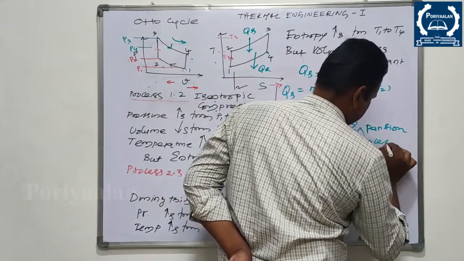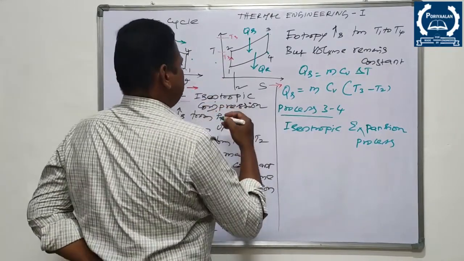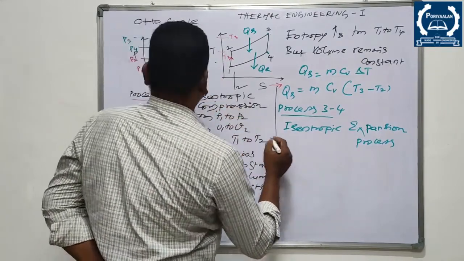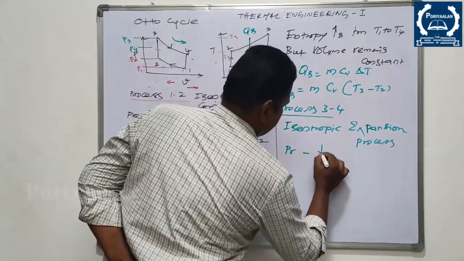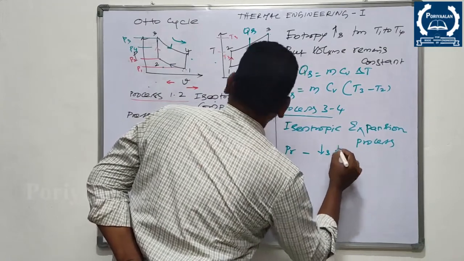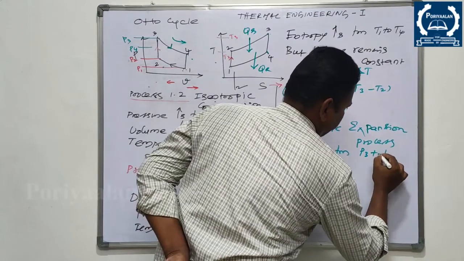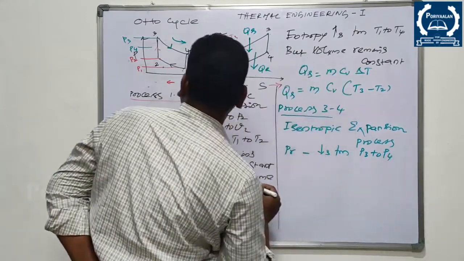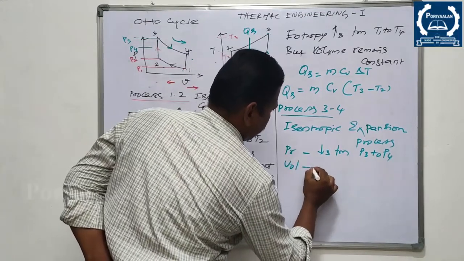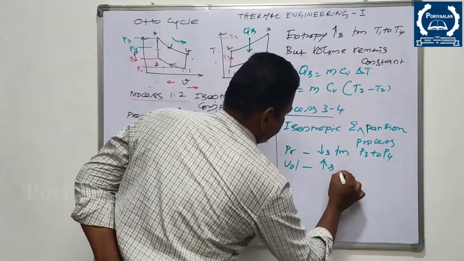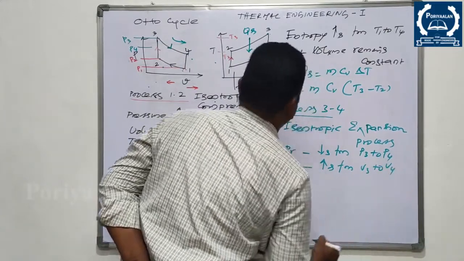Isentropic expansion process, right? Then what happened to the pressure, temperature, volume and all? Then pressure decreases from P3 to P4. Then volume increases from V3 to V4.